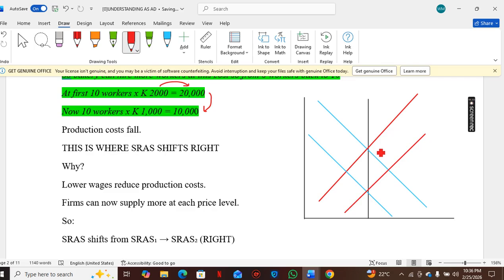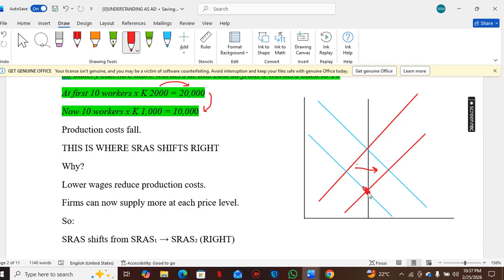So this is why the short run aggregate supply curve now shifts, taking you back to the long run equilibrium.